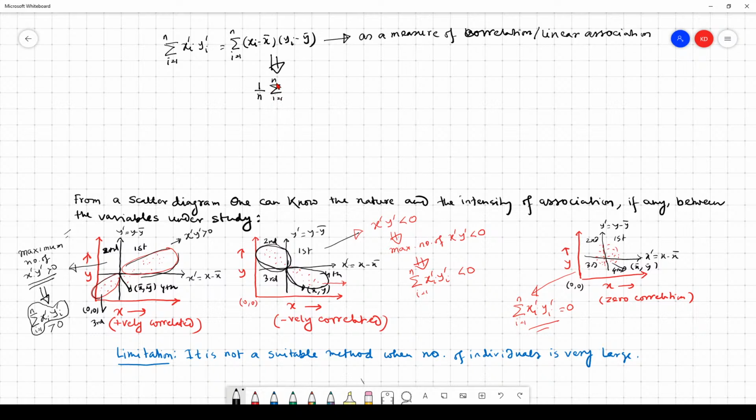So this makes this measure now free from the number of observations.